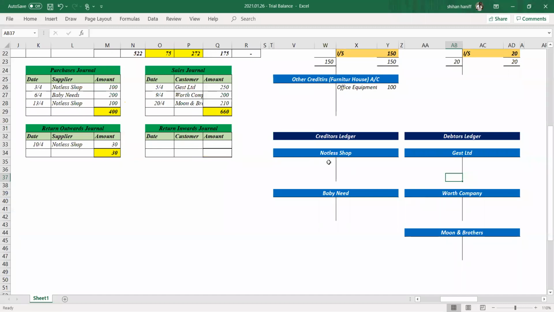Okay. So let's do the creditors individual accounts. There is no opening balance. Debtors also no opening balance.